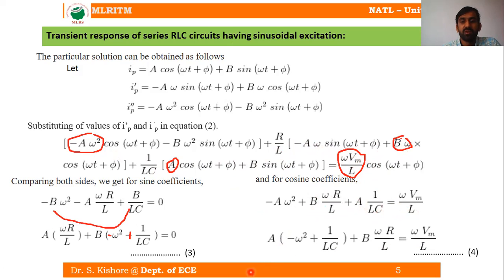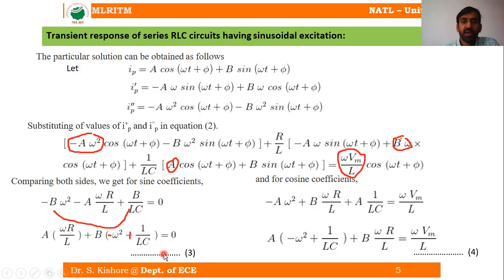So now what can we write? Taking a as common, so we are having two expressions with a. So minus omega square plus 1 by LC plus B omega R by L is going to be equal to omega Vm by L. So now we are having two algebraic expressions with values of A and B.